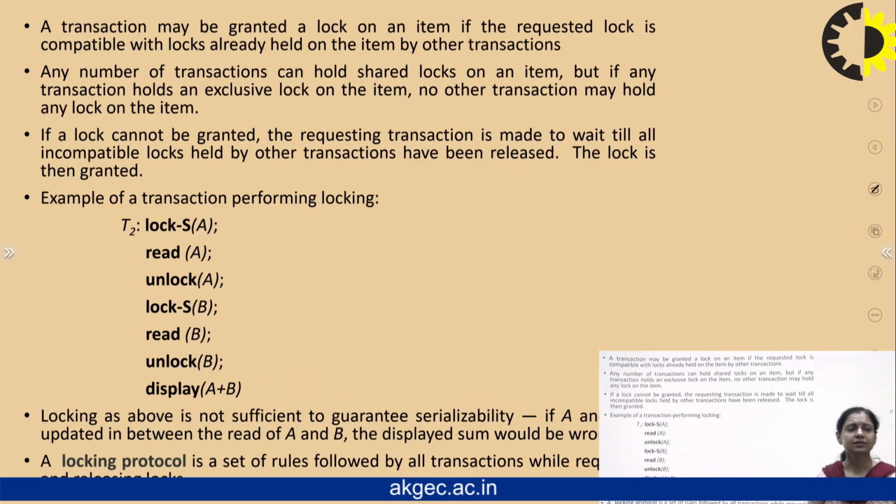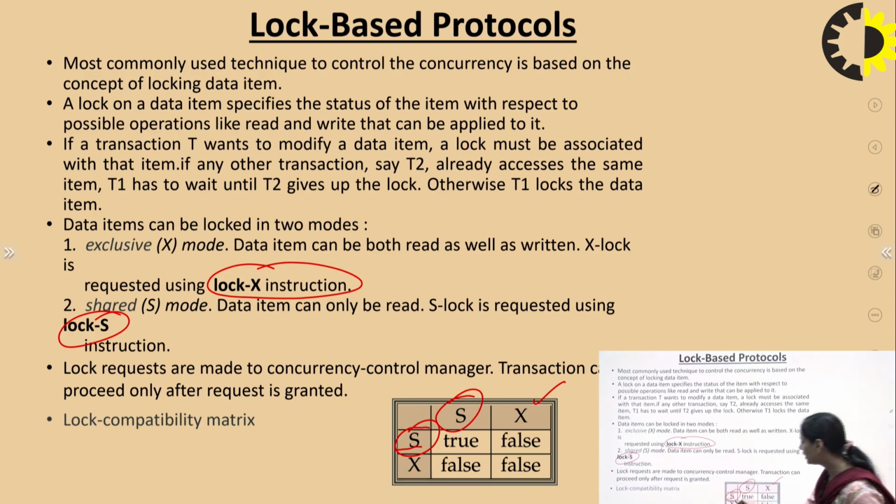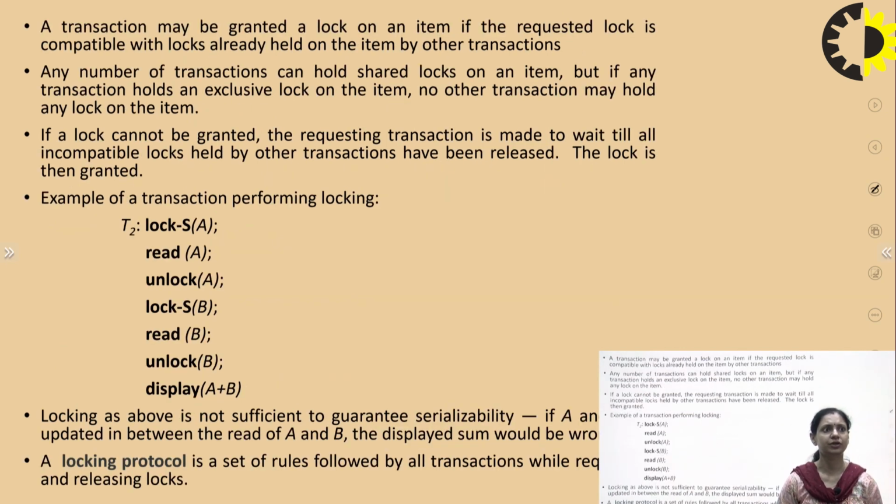So, a transaction may be granted a lock on an item if the requested lock is compatible with the locks already held on the item by any other transaction. Whenever the exclusive lock has been applied, no other transaction can even go for the shared lock. The shared lock can be taken up by multiple transactions, but the exclusive lock should be taken up by a single transaction at a particular point of time only.